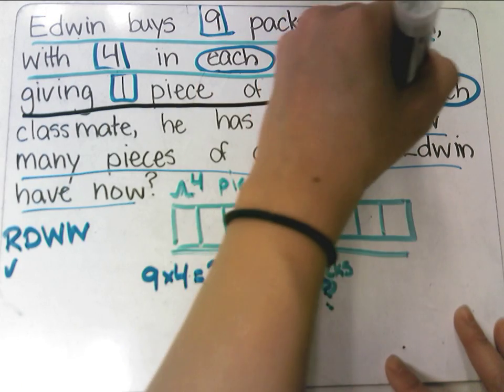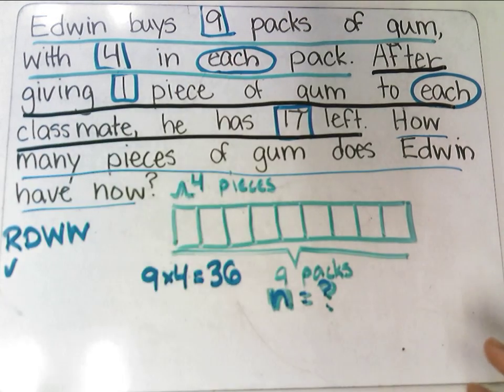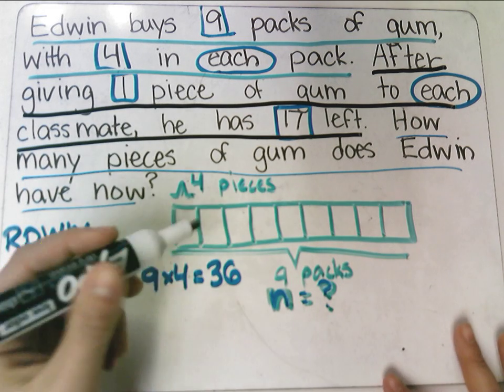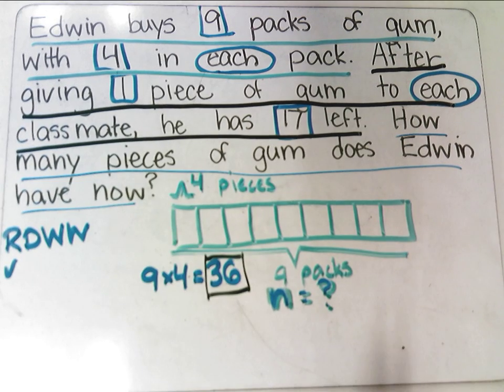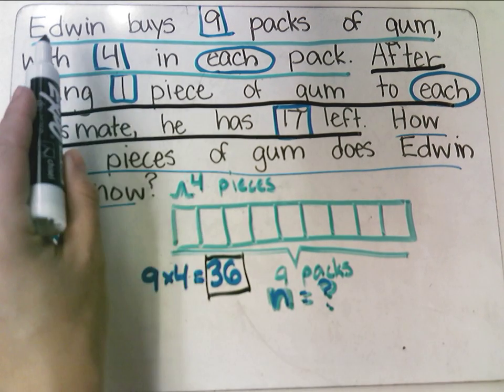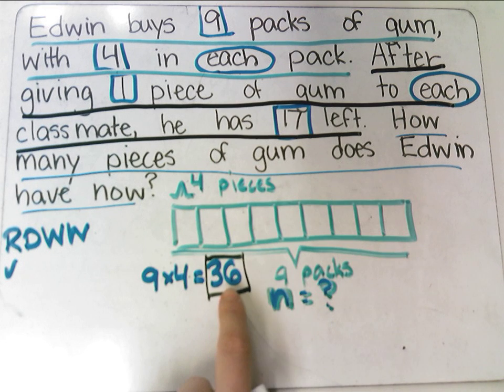We have to read this second sentence and figure out how that falls into our word problem so we can finish solving. So here's our answer to sentence 1. Edwin buys 9 packs of gum with 4 in each pack. That means he has 36 pieces of gum total.